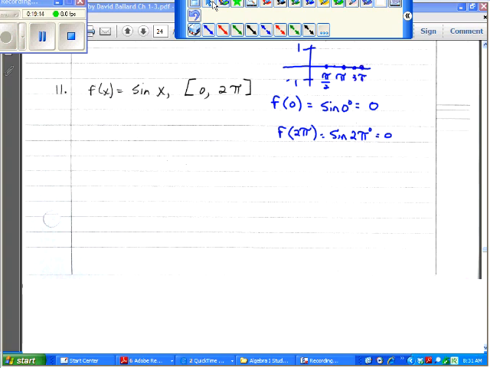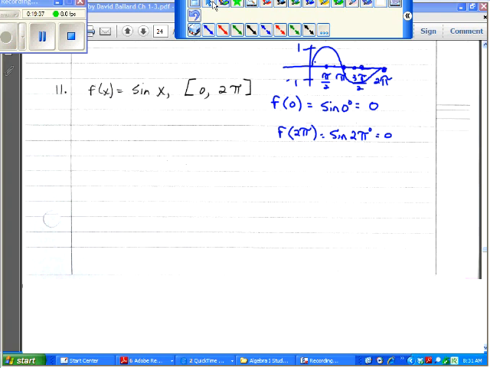It's going to make a full period in 2 pi. It starts at 0, it's going to go to 1, come back down to 0, go to -1, and come back up. Okay? Now, we have to ask, is it continuous within that interval?